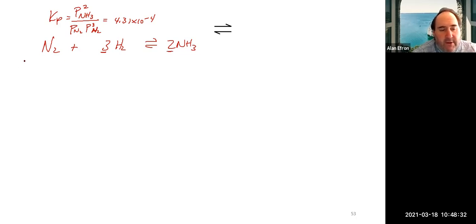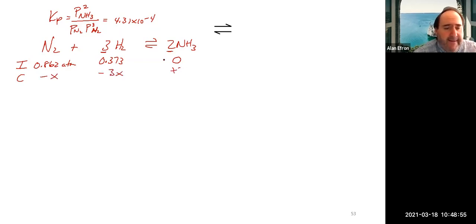Putting in our initial pressures, we had 0.862 atmospheres for our nitrogen, 0.373 for our hydrogen. Since we were not given any information about our products, that would be zero. The change is going to be minus x, minus 3x, and plus 2x, on the assumption that this reaction is heading in this direction.